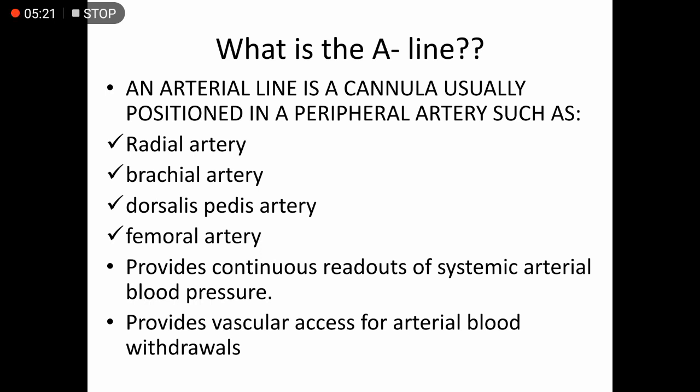Other sites are the dorsalis pedis artery and the femoral artery, which is not recommended because of infection risk, as it is near the groin area, which is a source of infection. The arterial line provides continuous readout of systemic arterial blood pressure and provides vascular access for arterial blood withdrawals.